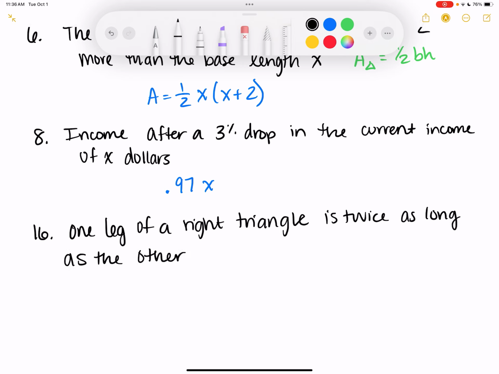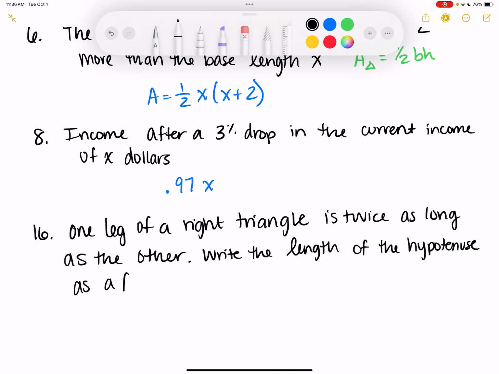Write the length of the hypotenuse as a function of the length of the shorter leg.